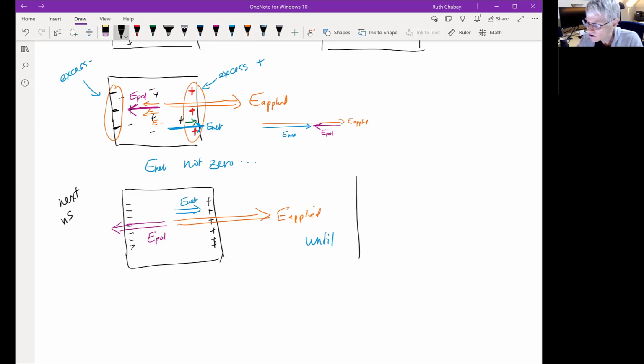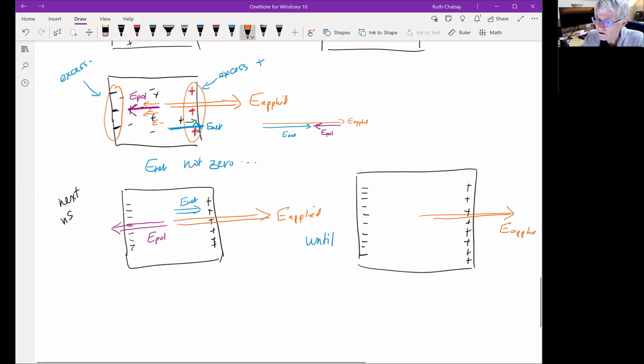And this goes on until we get to a situation where we have enough negative charge here and enough positive charge here that the applied field is just exactly balanced by the field due to this charge buildup due to the polarization, and E net reaches 0.